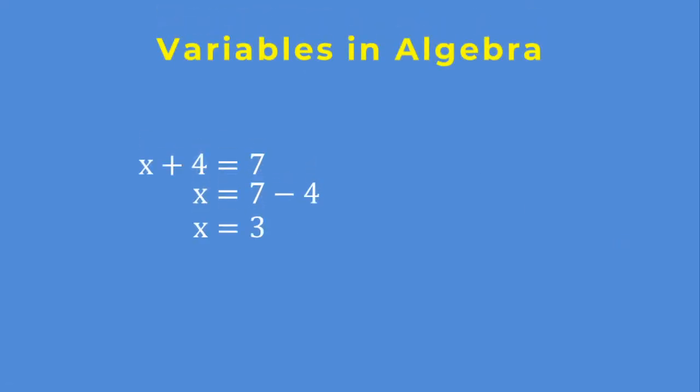For example, x plus 4 is equal to 7. Kapag sinimplify natin, makakuha natin na ang value ng x is equal to 3. So, different din siya dito sa function na ito, na ang y is the dependent variable and the x is the independent variable. Ang value ng y ay nakadepende sa value ng x variable.